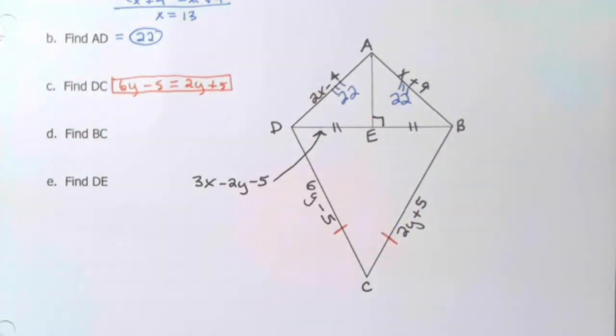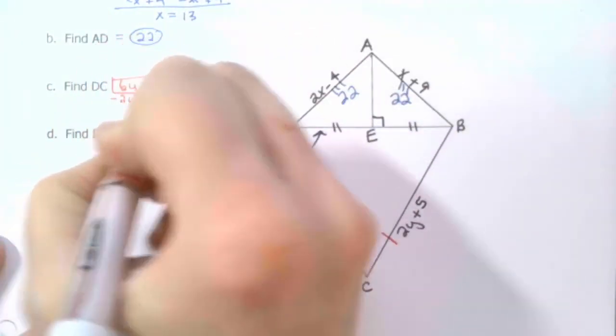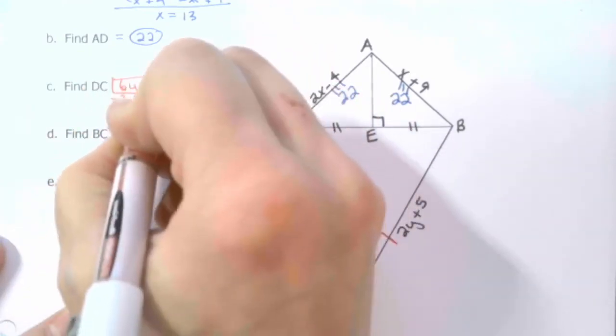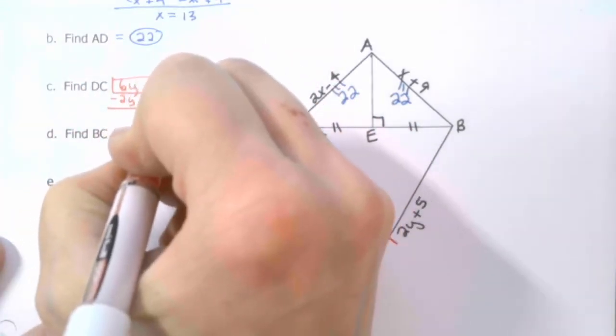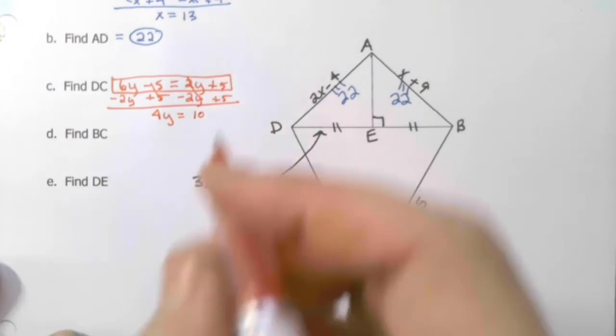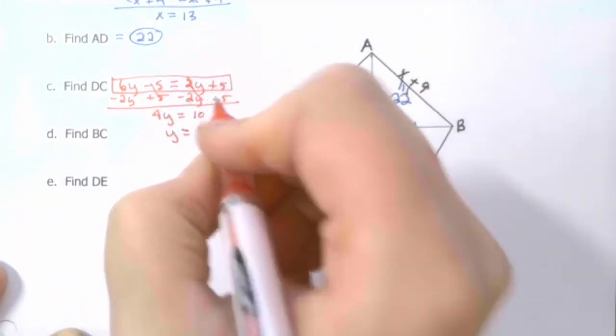Okay, we're going to solve for y. So we're going to subtract 2y over to the left, add 5 over to the right. 6 minus 2 is 4y equals 10. This is going to be a fraction. So if I divide both sides by 4, I get y equals 5/2.